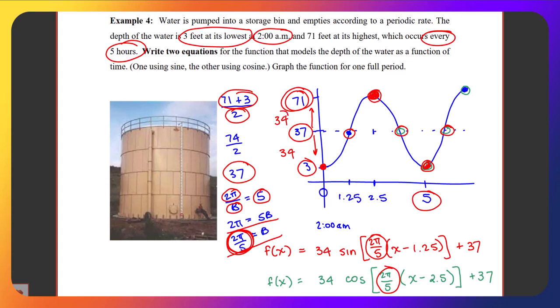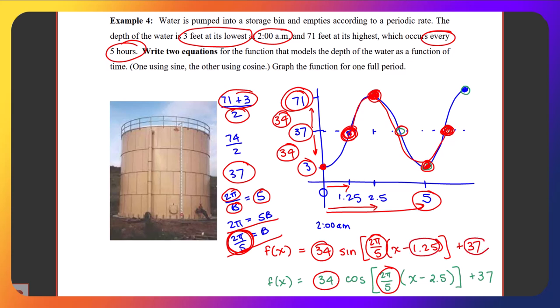Our amplitude that we saw from the midline up and down is 34. And sine, I like to start in the middle and go up, down, and back up again because that's what sine looks like. Now, if this is 5, half of that is 2.5, and half of that where sine starts is 1.25.